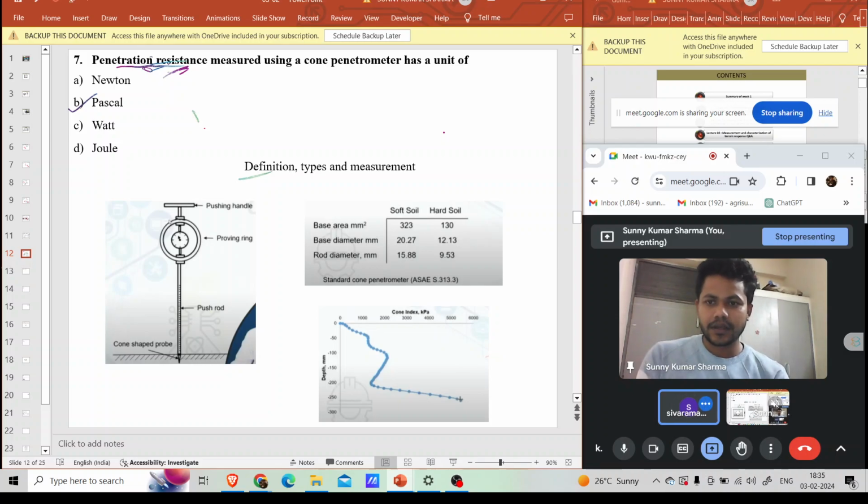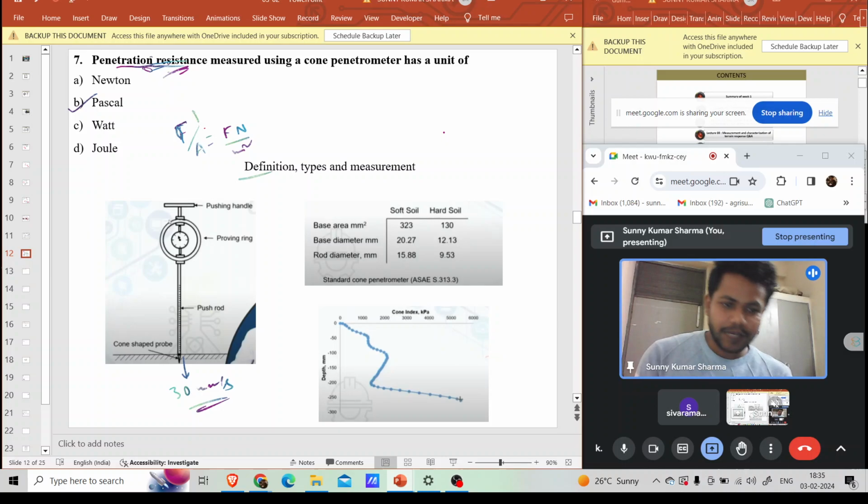That means the force required to push this cone penetrometer into the soil at some steady rate. Force required per unit area. So this force per unit area is in kilonewton per meter square at some steady rate, and that steady rate is 30 mm per second.